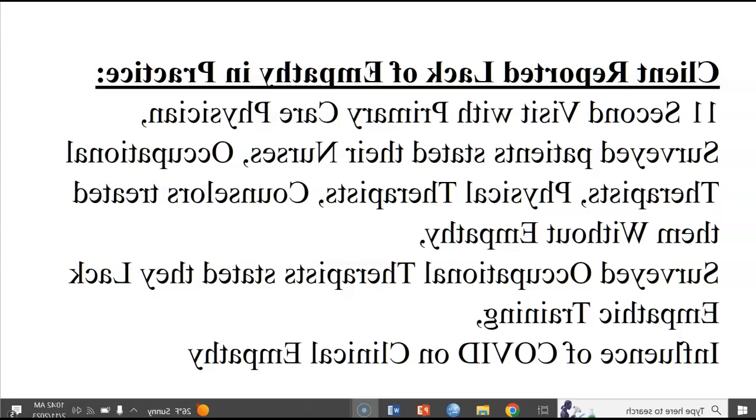Therapists, for example, are more focused on discharge, meaning gait, mobility, ADL goals, and keeping up productivity, meeting the needs of reimbursement and the institution versus the individual. Over 600 surveyed occupational therapists, I believe, stated that they don't feel like they were even trained in school to practice empathically, that there's a huge disconnect.